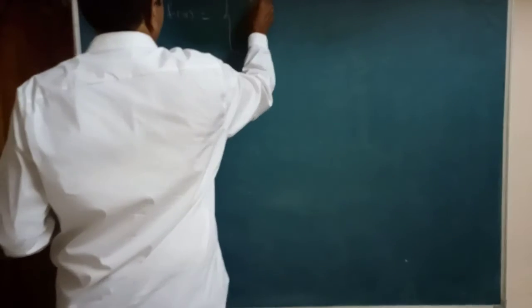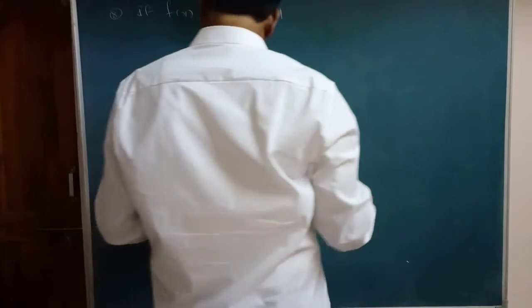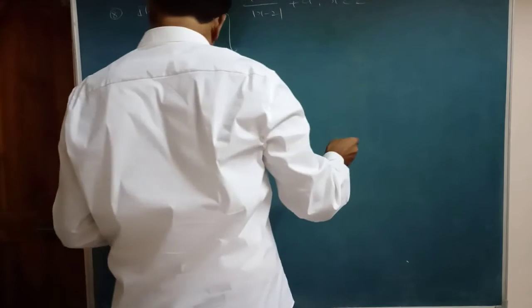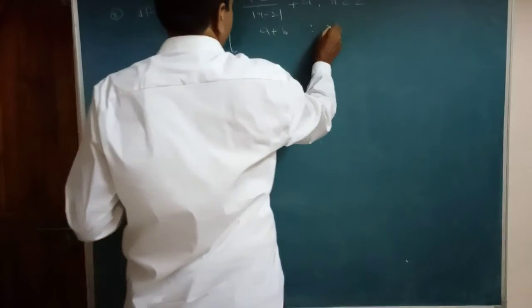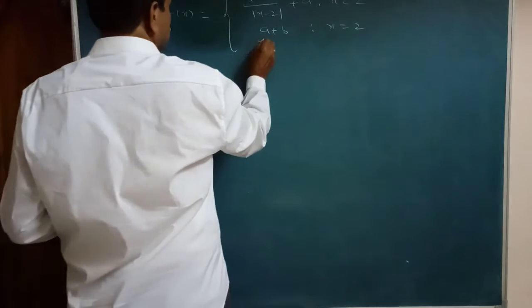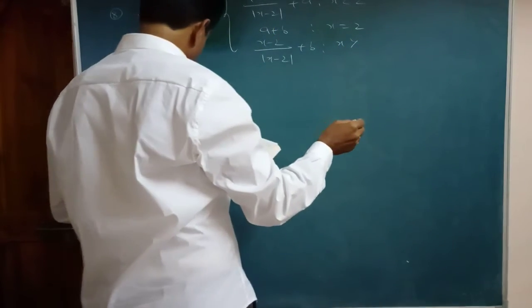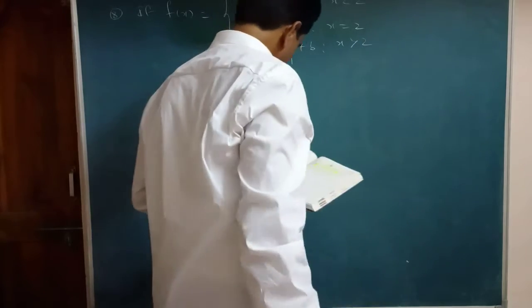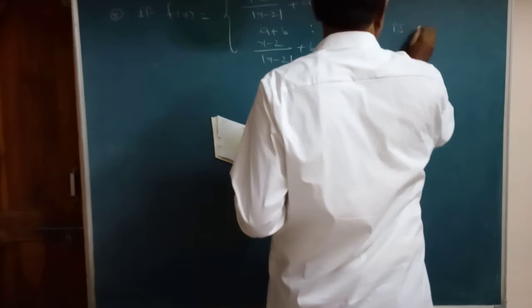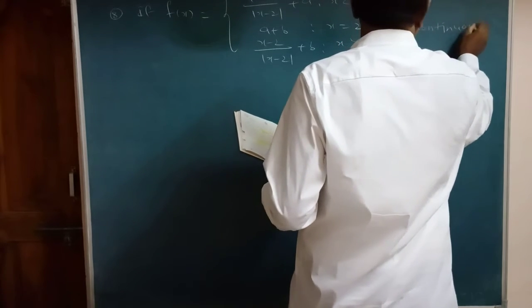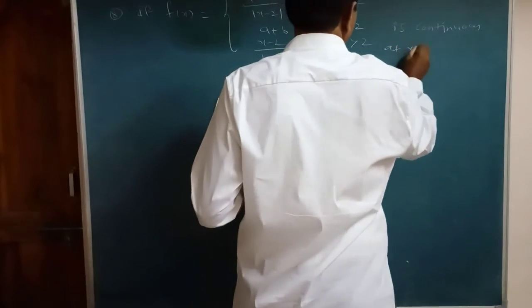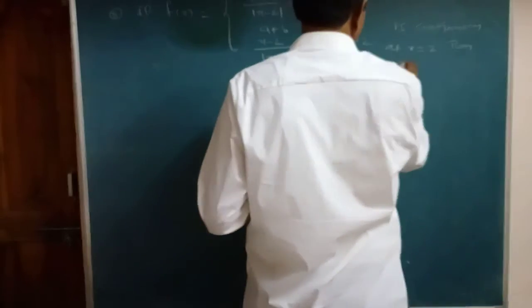Next one. Eighth one. If f of x equal to x minus 2 by mod x minus 2 plus a when x less than 2, next a plus b when x equal to 2, and x minus 2 by mod x minus 2 plus b when x is greater than 2, is continuous at x equal to 2, then a plus b is dash.